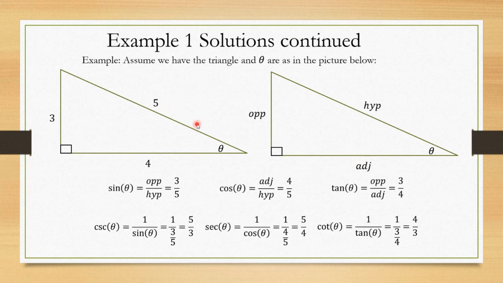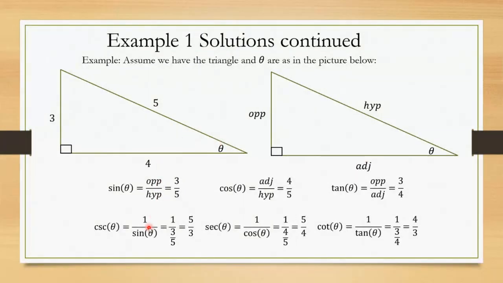For cosine, the length of the adjacent side is 4, so cosine of theta is 4 over 5. And tangent of theta is 3 over 4. For tangent, we actually don't need the hypotenuse. And then you get the others.